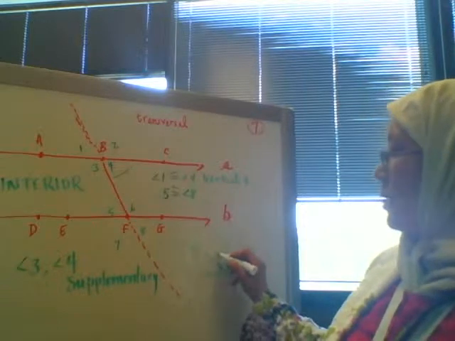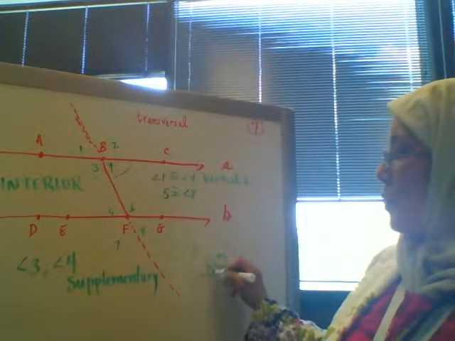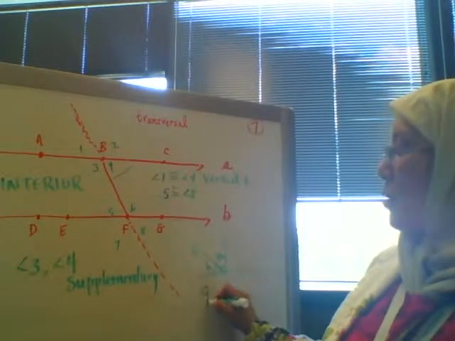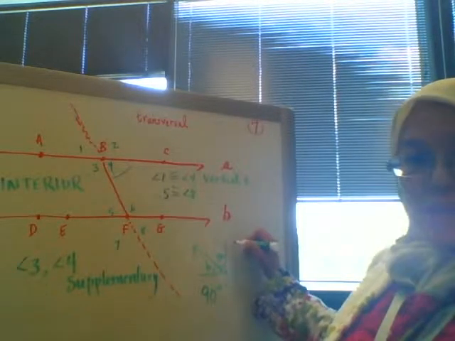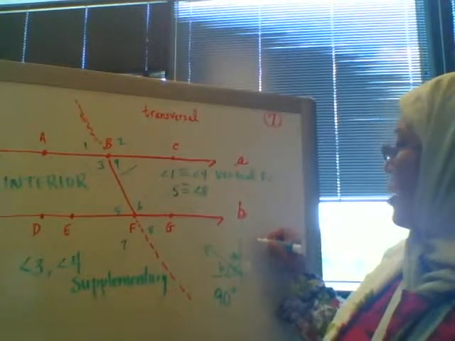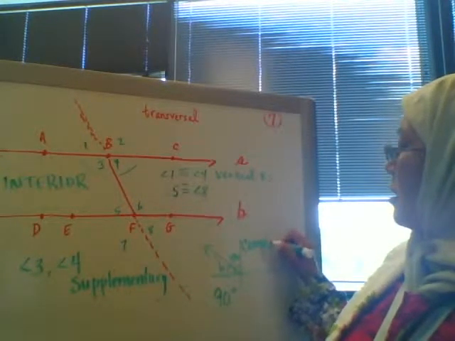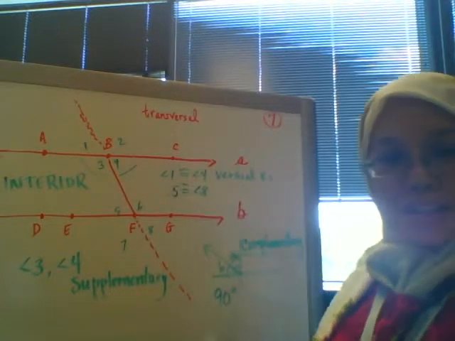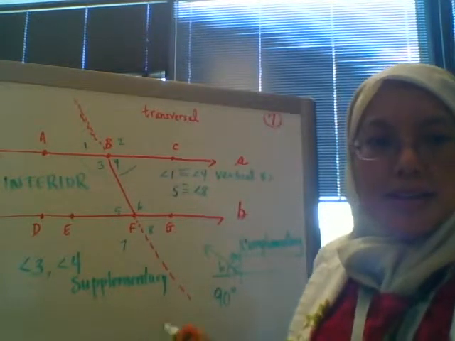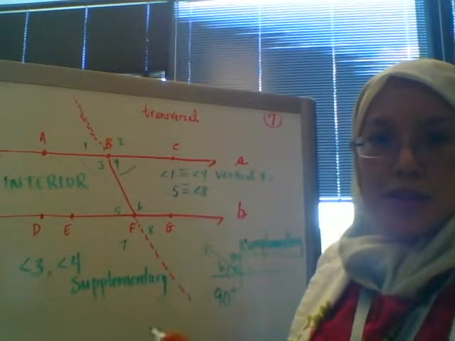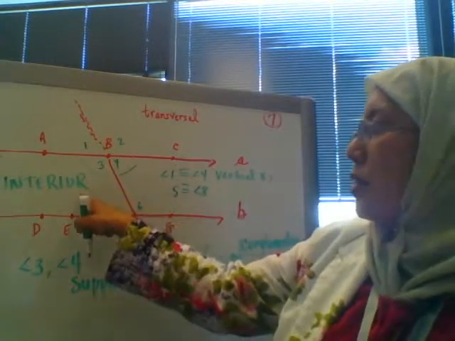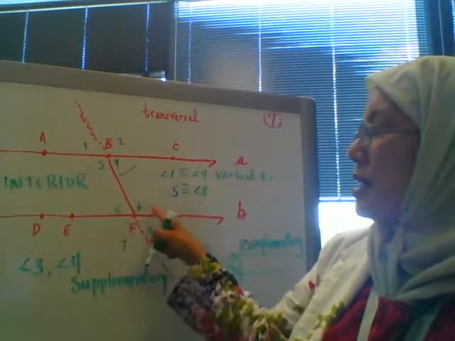So if you had an angle A and an angle B, angle A plus angle B will equal 90 degrees. None of this is in that 8th grade workbook, because these things are mentioned in 7th grade Common Core.